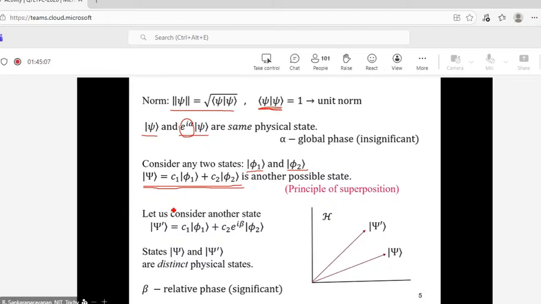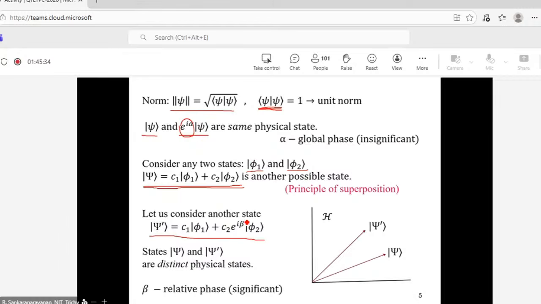Now suppose I take a state psi defined in this way, and I take another state psi prime, which is C1 phi 1 plus C2 e power i beta phi 2. You will see that these two states, psi and psi prime, are distinctly different in the Hilbert space, unlike the earlier case.